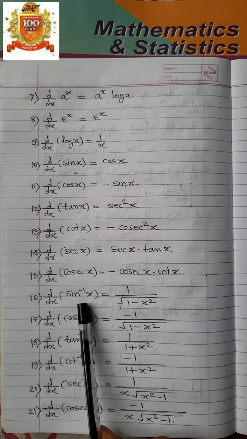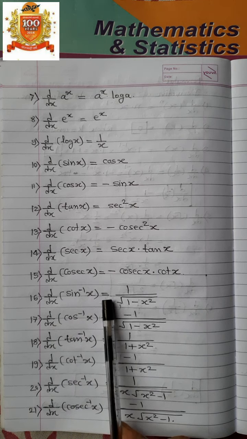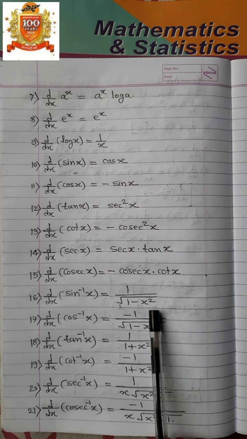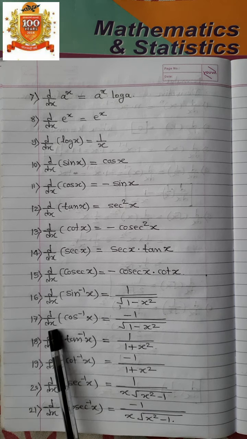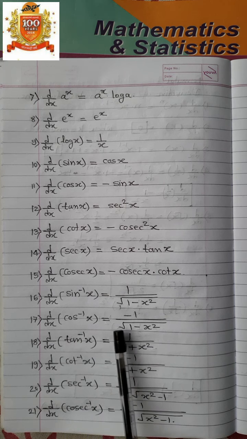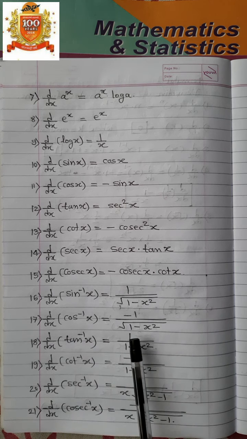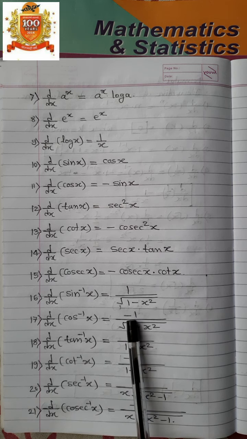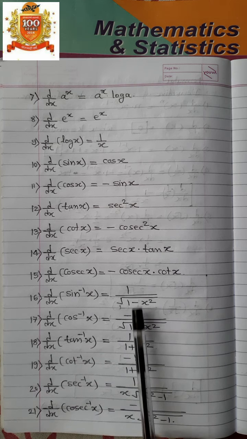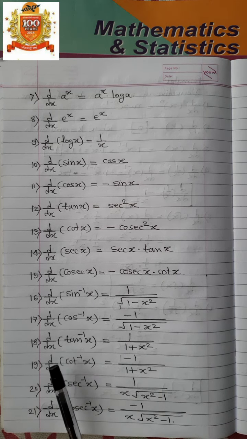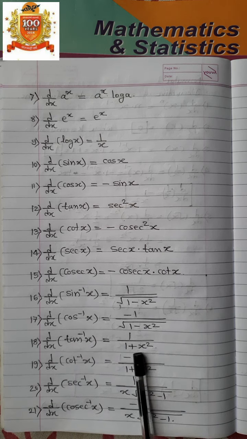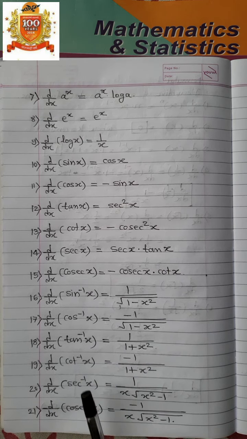Derivative of sin inverse x is equal to 1 upon root of 1 minus x square. Derivative of cos inverse x is equal to minus 1 upon root of 1 minus x square. Simply, sign difference is there only in between these two. Derivative of tan inverse x is 1 upon 1 plus x square.